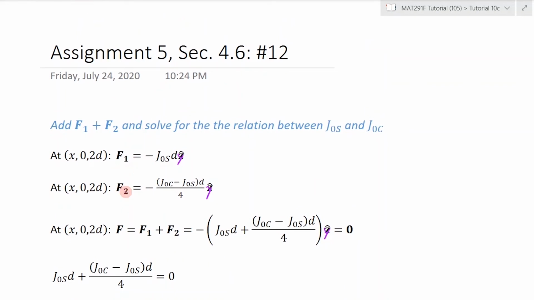Okay, and then we want to add the two fields together. We get this, and then you see this negative can come out of the sum, and then this y hat is right here, and then this is here. Should be using black too, because it's the total field. Okay, so this part is here, and then this part is here. Remember, we were told that this is 0.